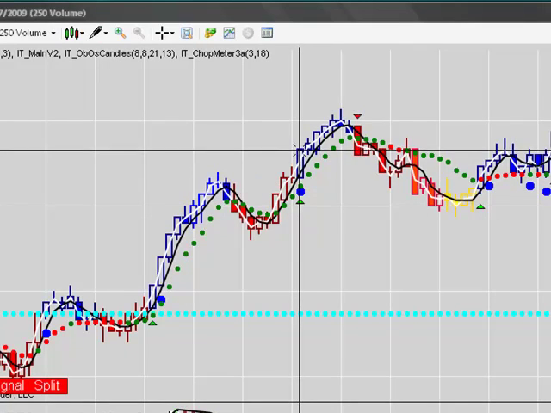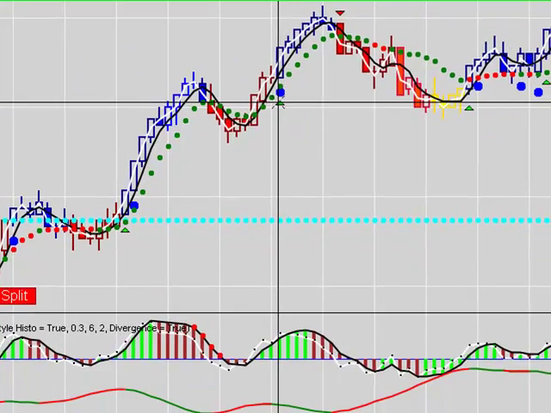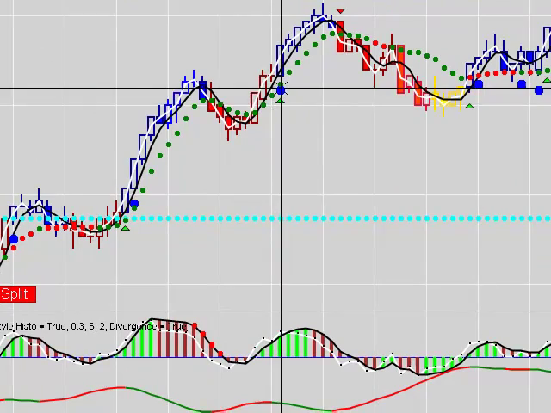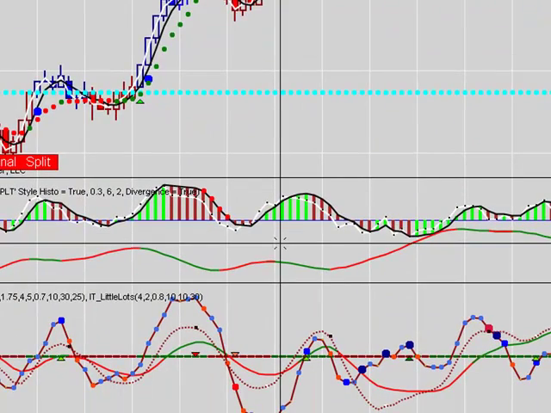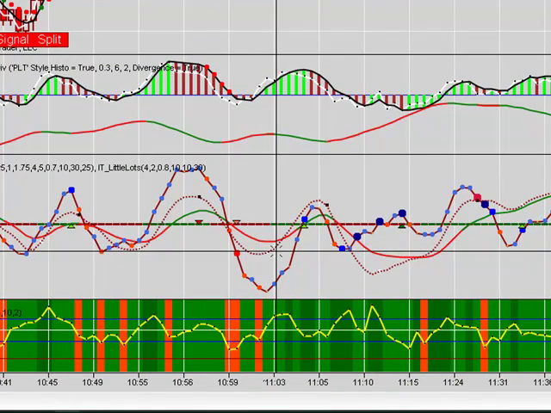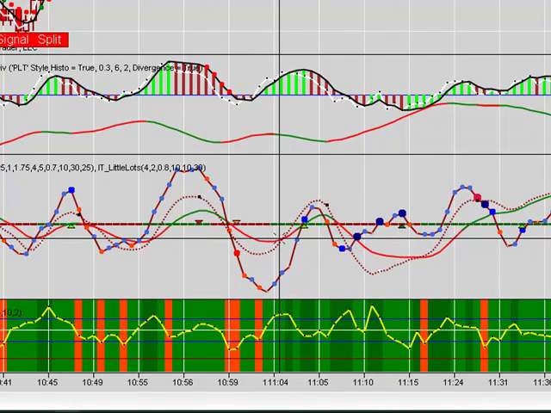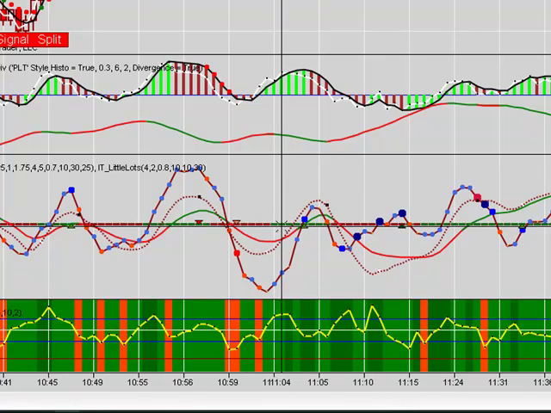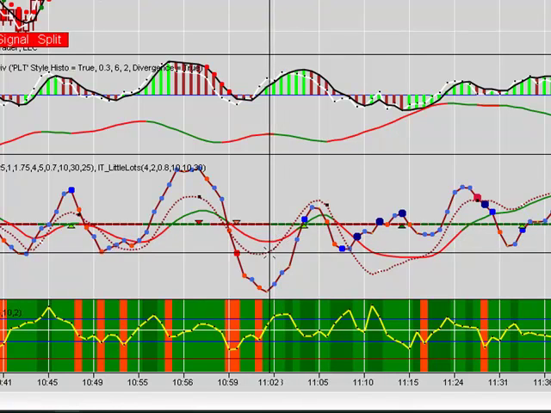We get our first blue candle, which happens to be a split signal, as you can see here. It's already occurred. We look down. The all trader line is already turned up. As you can see, these dashes on the zero line, when they're green, the all trader line, which is red at this point, has turned up. The little line has moved up.